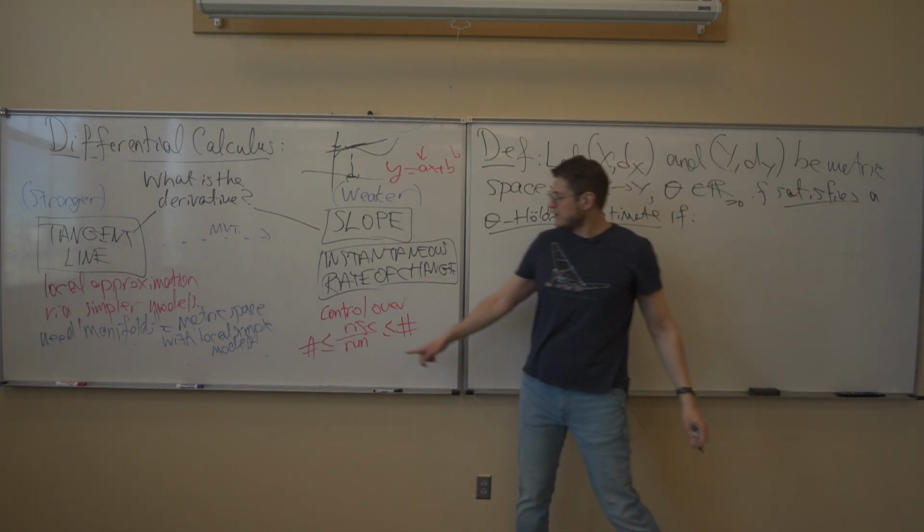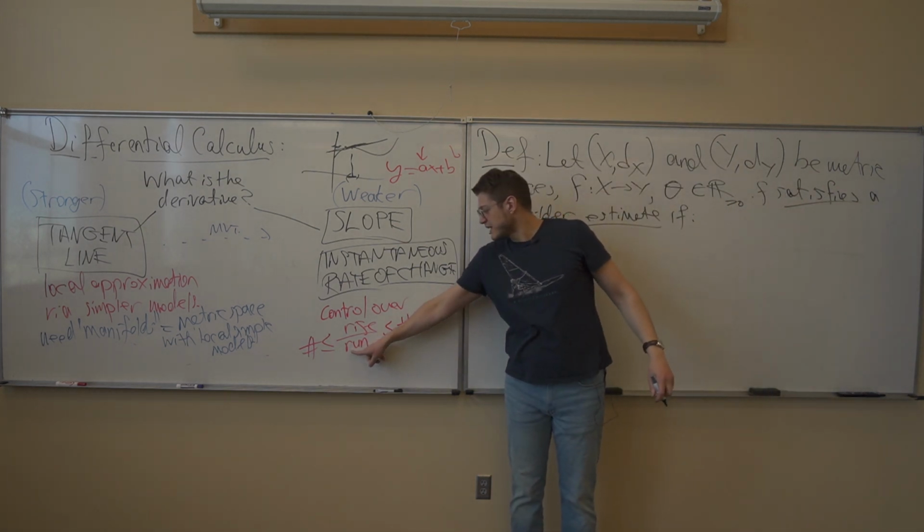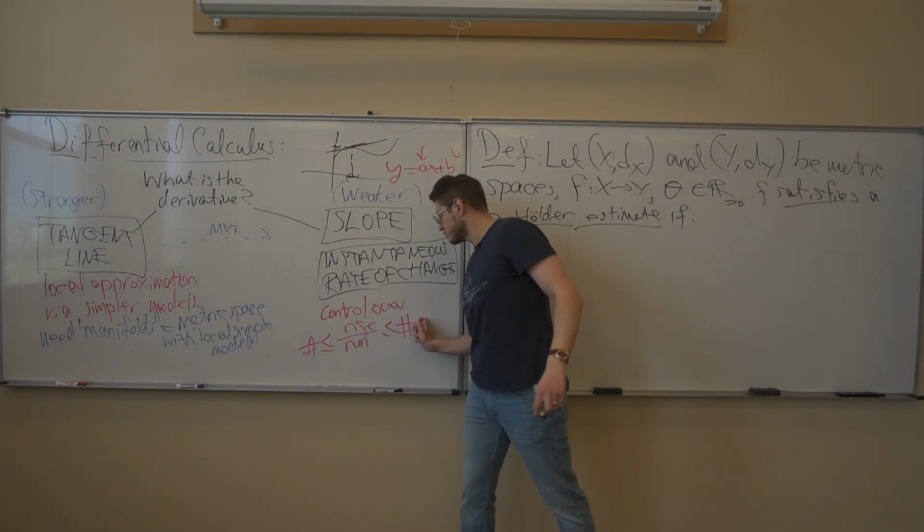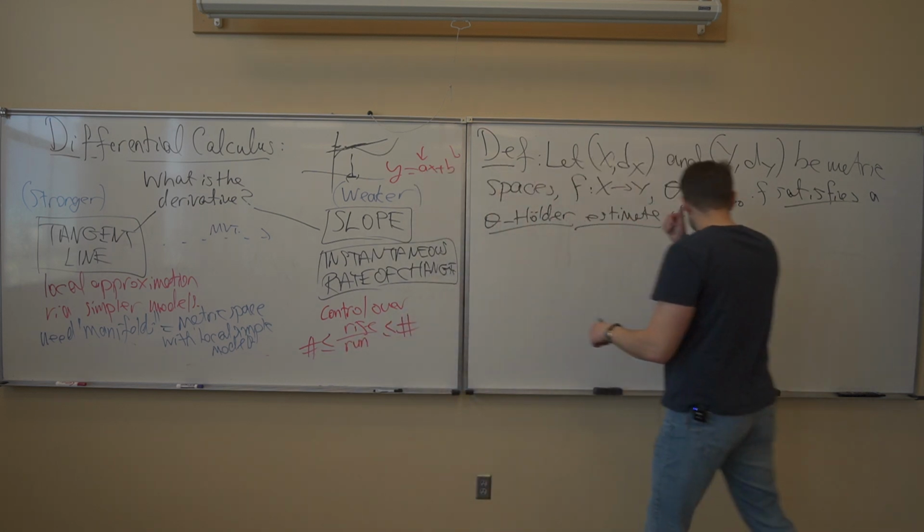Well, instead of writing rise over run, I'm going to take run and multiply it on this side. It's going to be an upper bound.